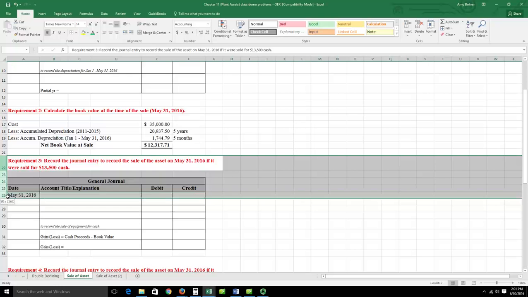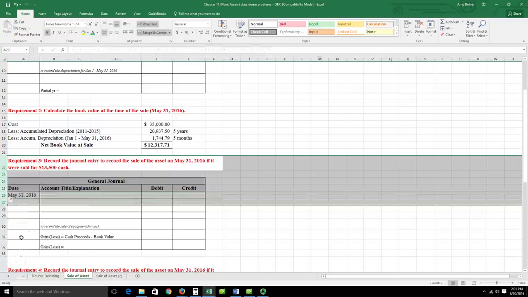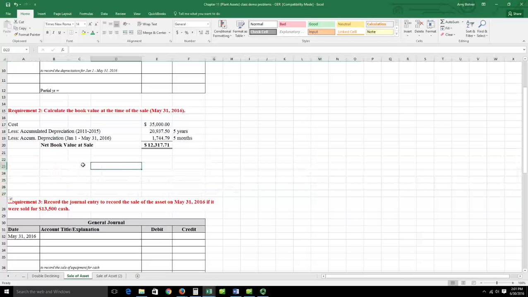And so then the next thing it's asking you to do is figure out what is your gain or loss. So the next requirement is to calculate the gain or loss. And remember that if you have a loss, you need to enter that as a negative amount. And so how do we calculate the gain or loss? We take the net book value we just calculated, and we compare that to the sales price.